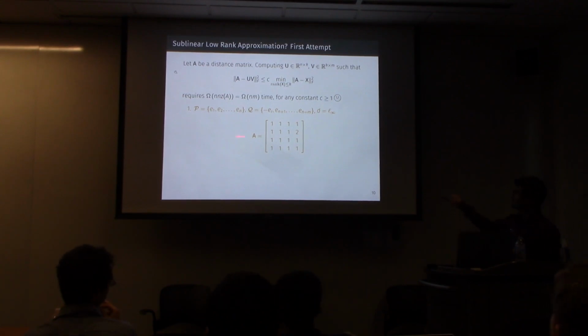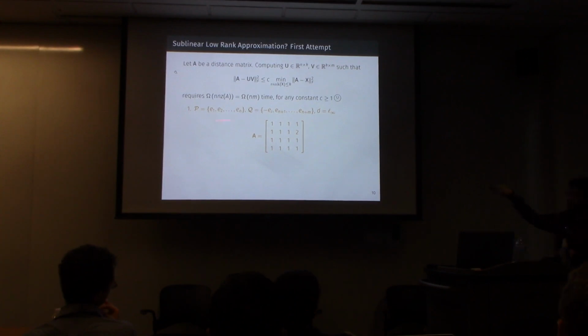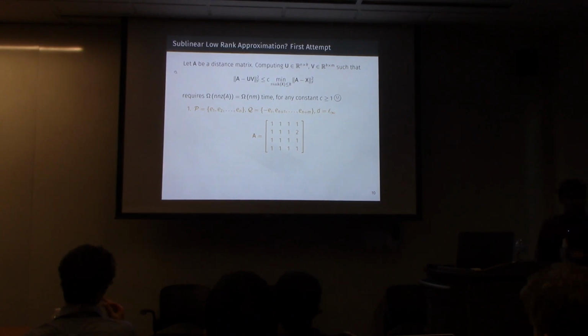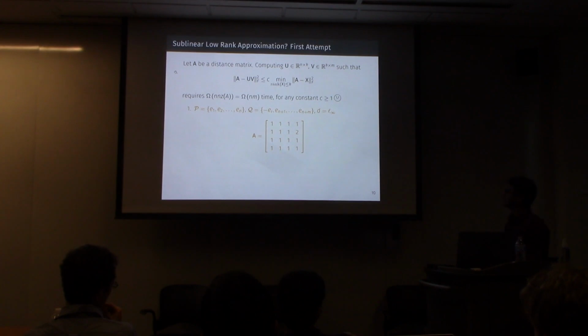And if I don't look at all the entries, I'm going to think my matrix is the all ones matrix, and I'm not going to get a constant factor approximation. Any questions about this? Note that the rank 2 approximation gets error 0. Okay, good.